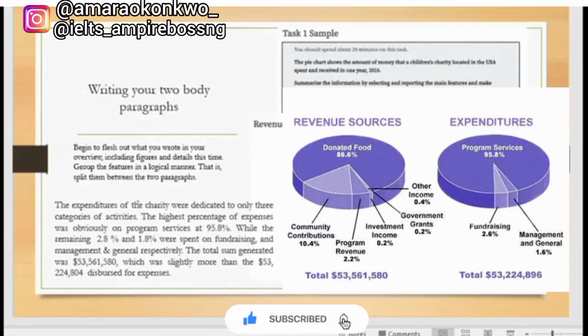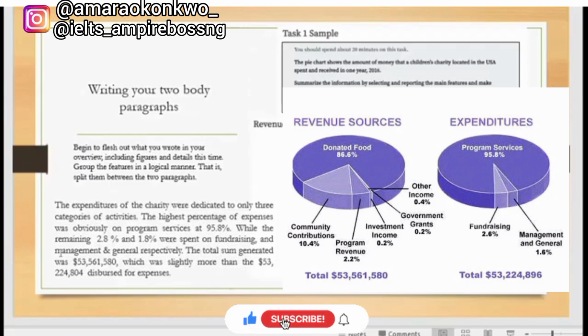Then I went on to say the expenditures of the charity were dedicated to only 3 categories of activity. The highest percentage of expenses was obviously on program services at 95.8%. So I'm giving details here, while the remaining 2.8% and 1.8% were spent on fundraising and management and general respectively.